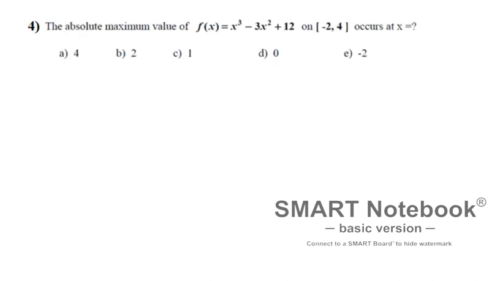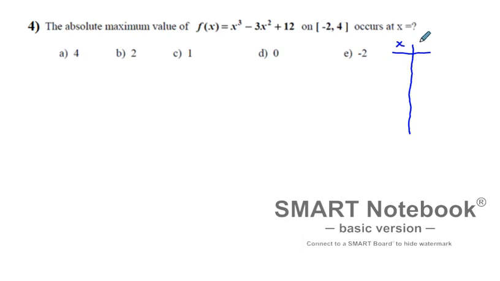Okay, next, 4. The absolute maximum value of f of x equals x cubed minus 3x squared plus 12 on the interval from negative 2 to 4 occurs at x equals question mark. For this, we can use something we call the candidate test, where we put our endpoints, our candidates, and any critical numbers we should find.